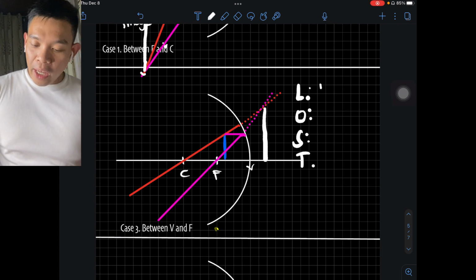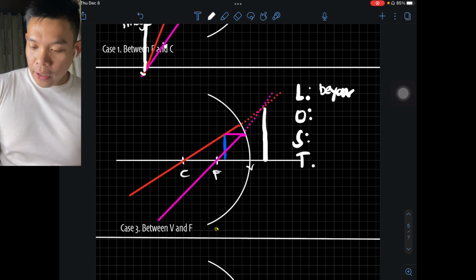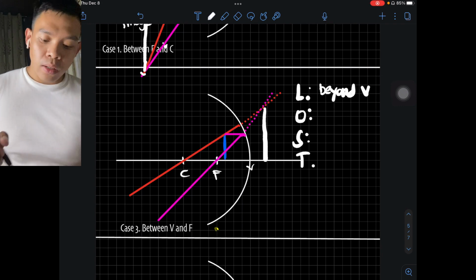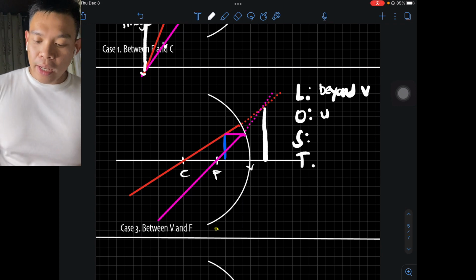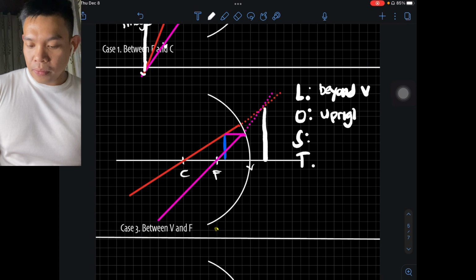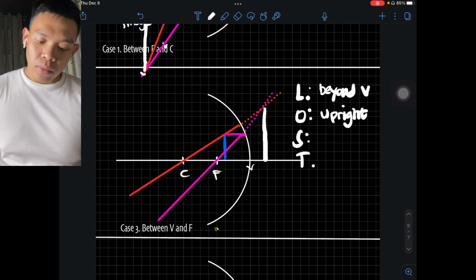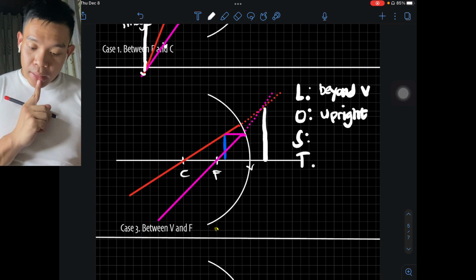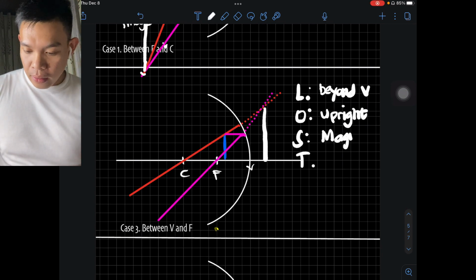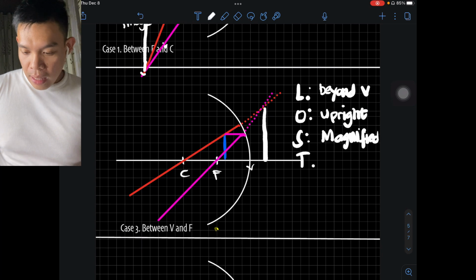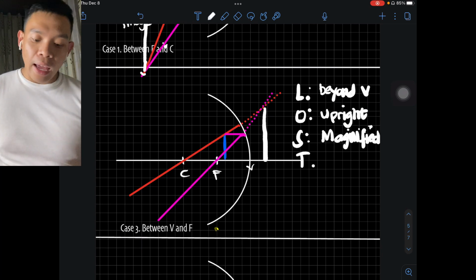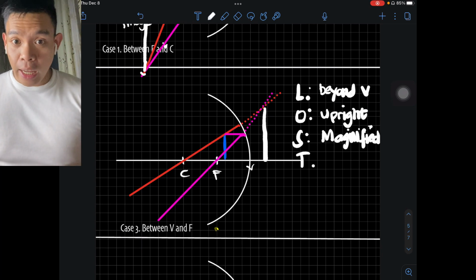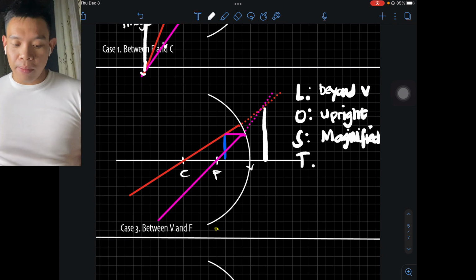Of course, using the laws: location is beyond the vertex. Orientation, of course, the image is upright. And the size of the image becomes bigger, so it's magnified. Aside from being magnified, the type of image that forms is not real anymore because it is outside the mirror.